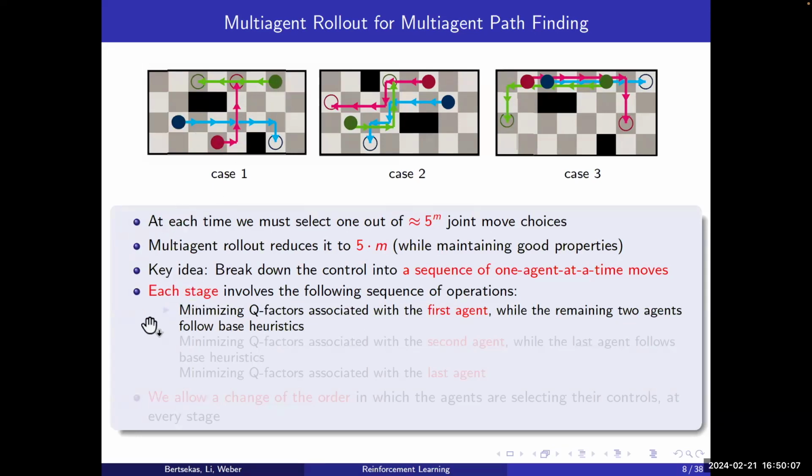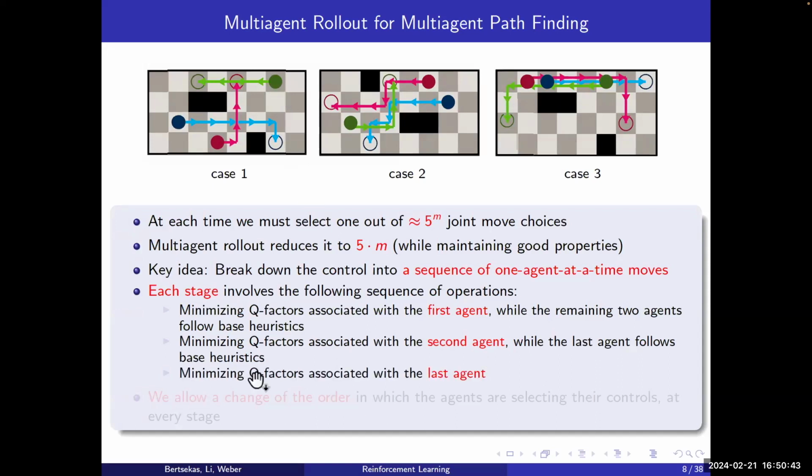So each stage needs to repeat those 3 steps of operation. The first is to minimize the Q factor associated with the first agent, while the following 2, agents 2 and 3, follow their base heuristic. And after this step, agent 1 would complete its control selection, and we go to the next step. Agent 2 performs minimization of Q factors, while agent 3 follows the base heuristic.